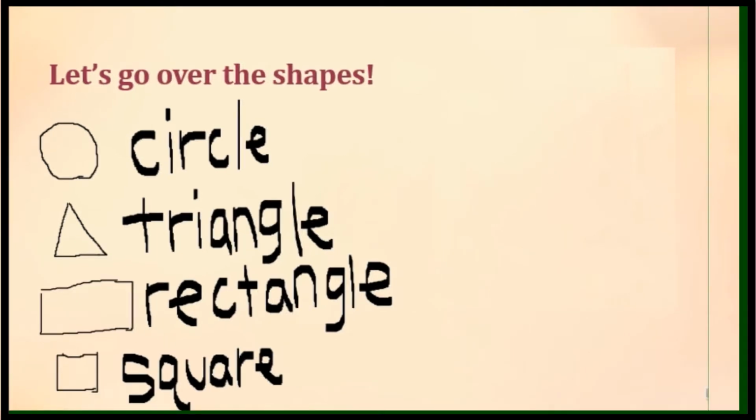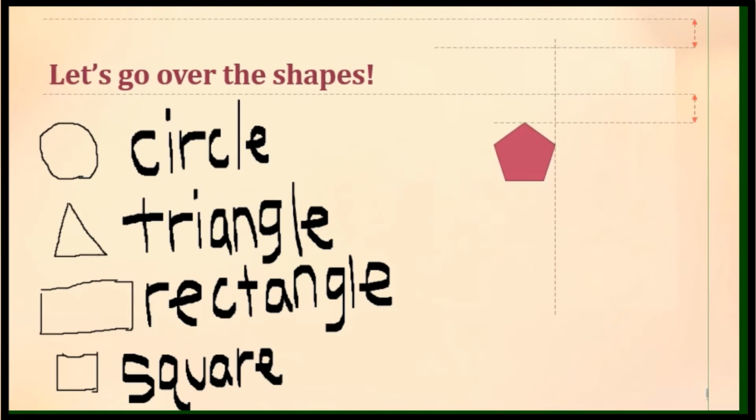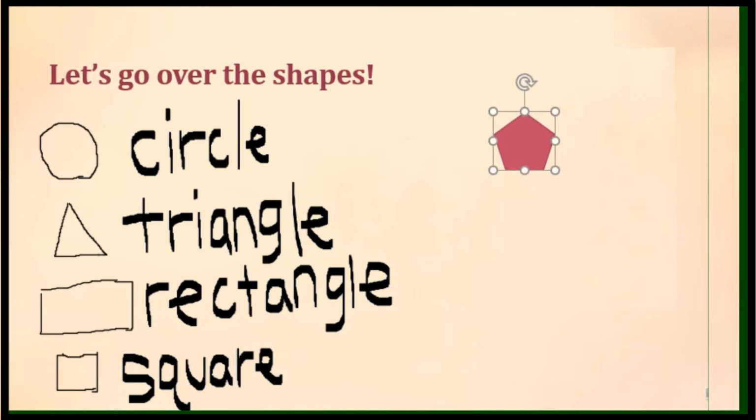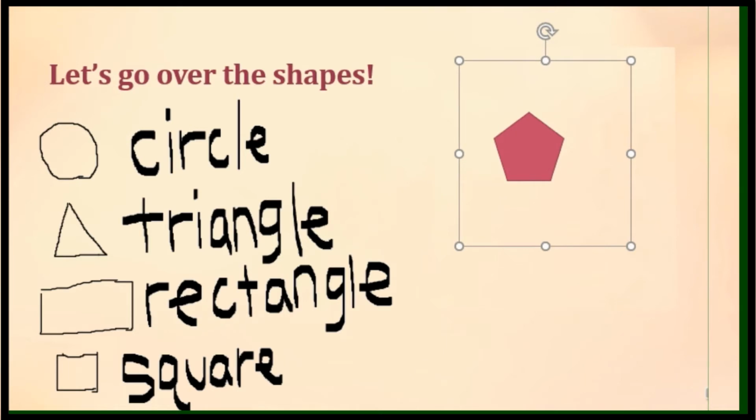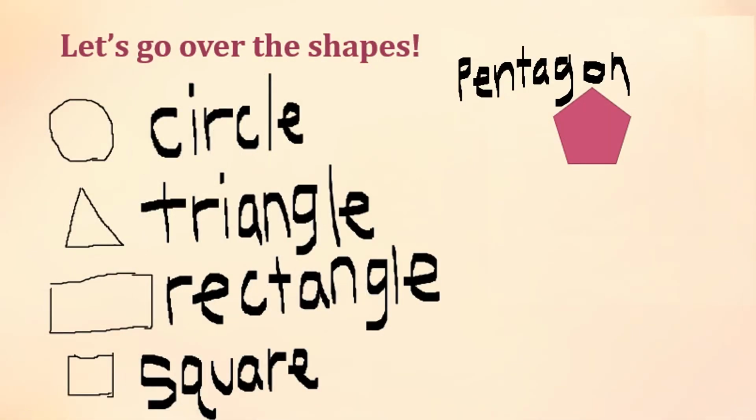Okay, boys and girls, let's go over the last shape. Our last shape looks like this. Can anybody remember the name of the shape? If you say pentagon, you're correct. It is a pentagon. Later on in the video, we will see the attributes to know why the name is a pentagon. Why is this shape a pentagon?